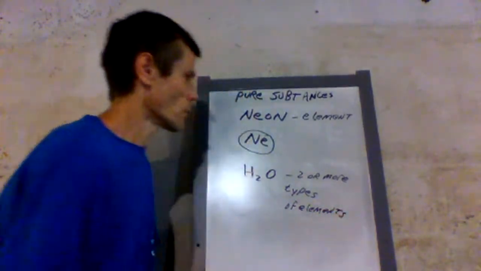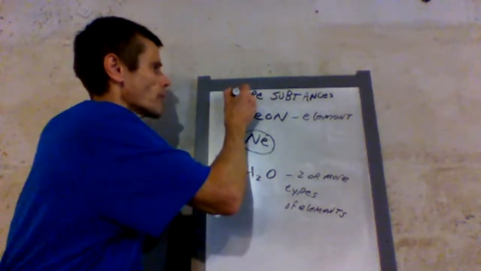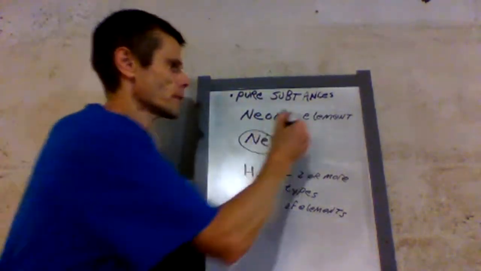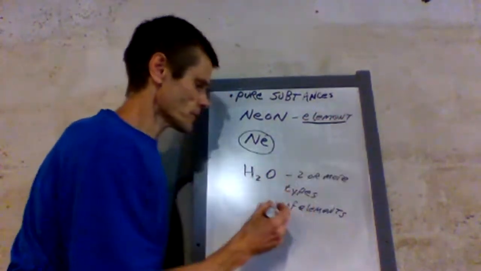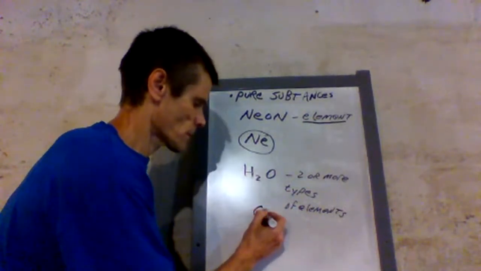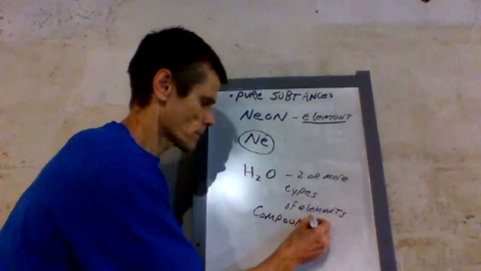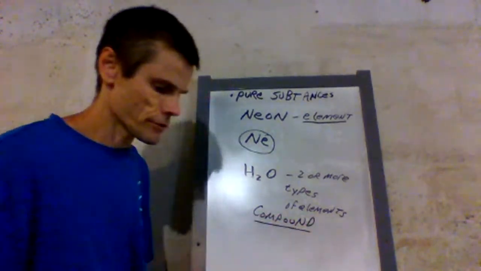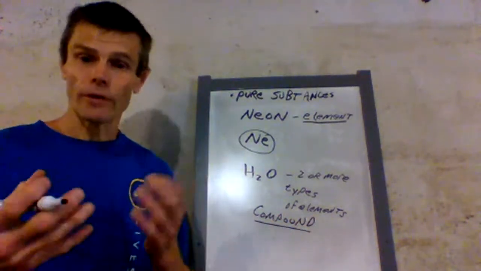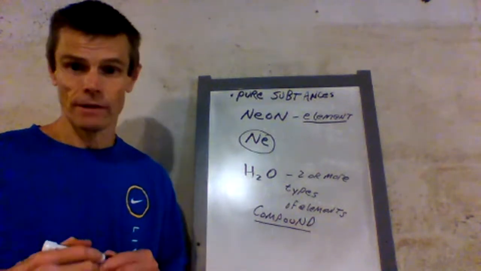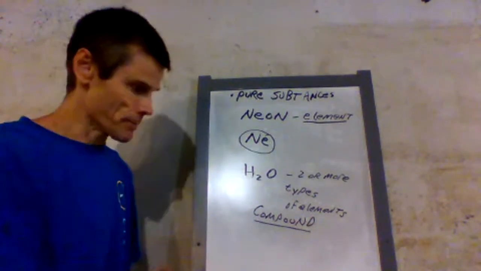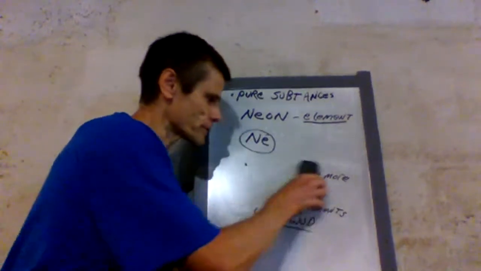So we can further classify pure substances as being either an element or, in the case of water, a compound. So let's begin with further classifying pure substances by discussing a little bit about elements. Neon is our first example.